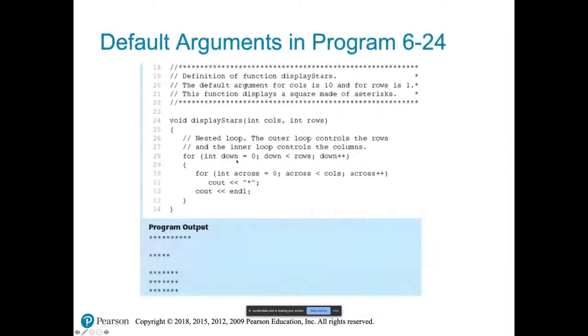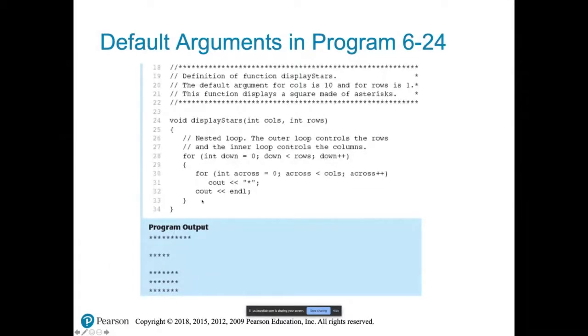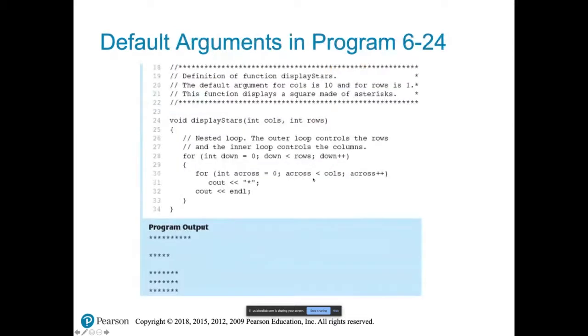So here's your loop that goes through it. You have a nested for loop. You have one row with 10 asterisks in it. So that is why they know it, 10 and 1. I'm going to pass in 5. 5 is going to replace the default value of 10, and it's going to have 1.